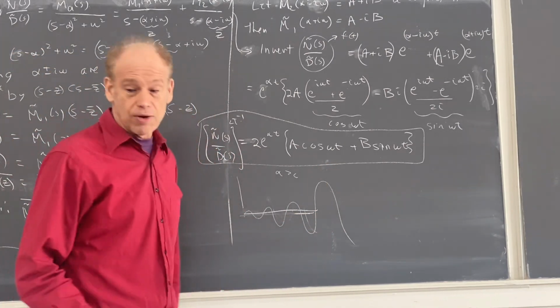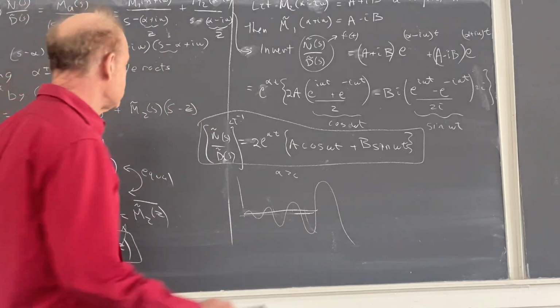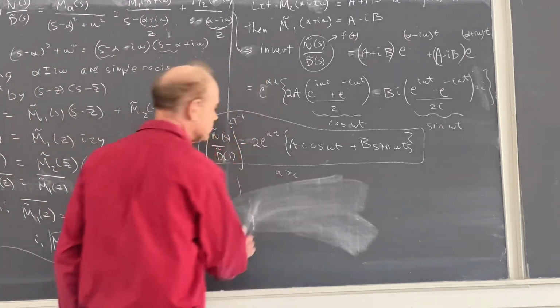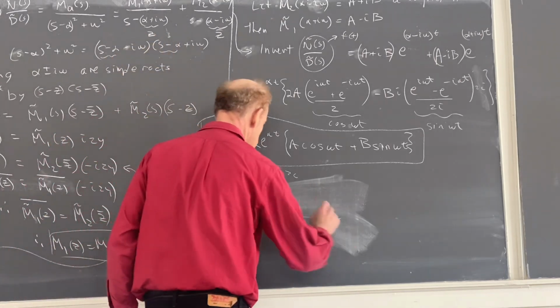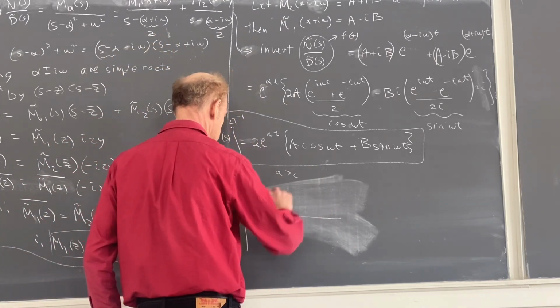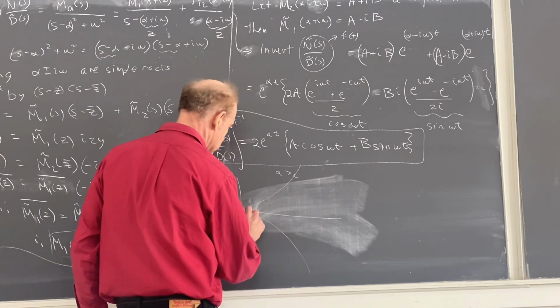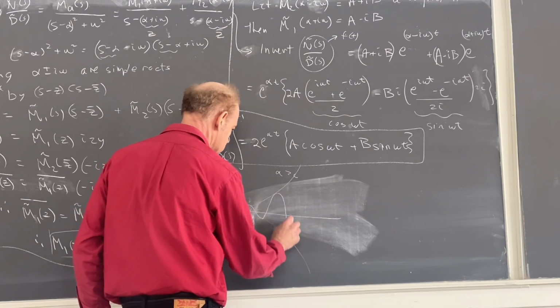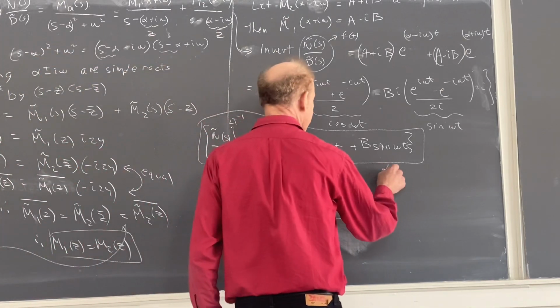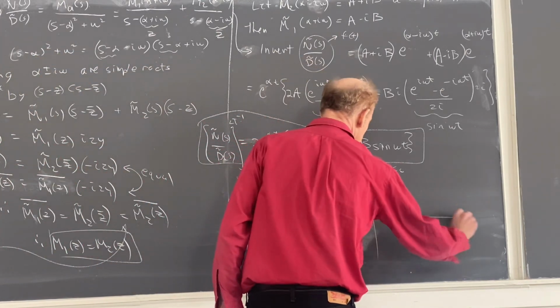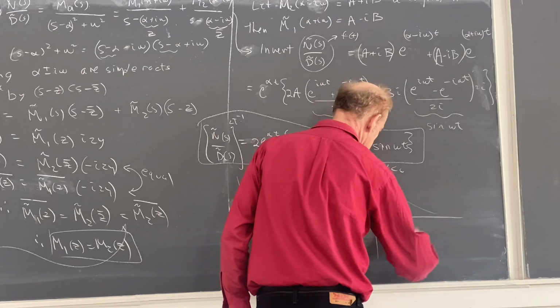Actually, I should draw the envelope first. It would be easier to draw it. Let's draw it a little nicer. So that's alpha greater than 0, and alpha less than 0. I have an envelope that looks something like this.